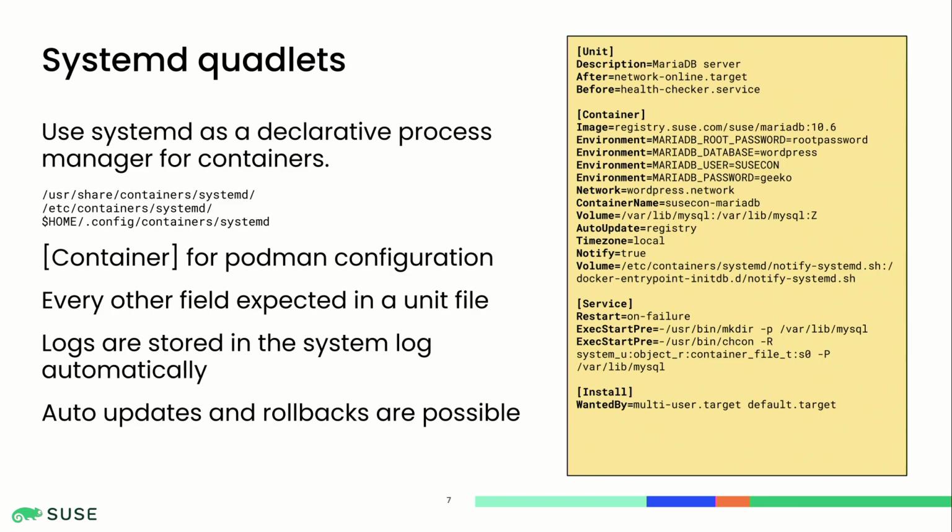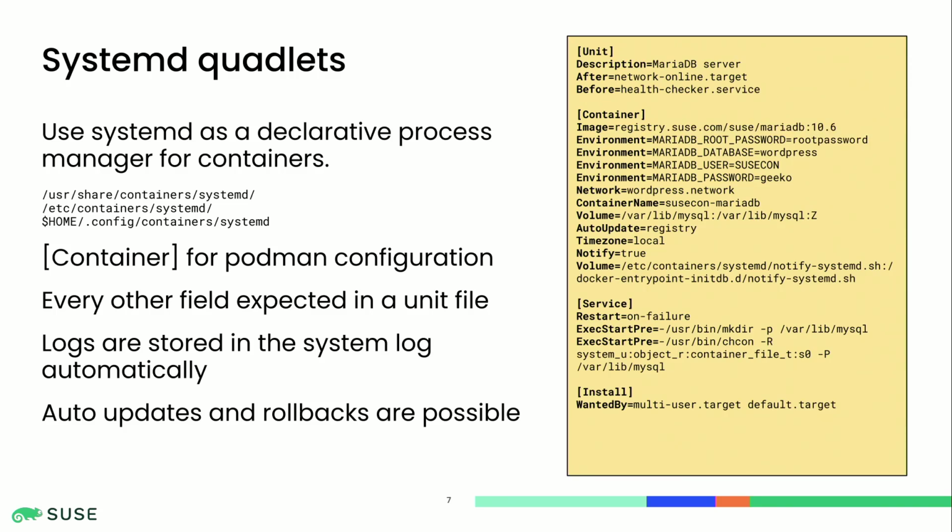The second thing we're going to be using is systemd Quadlets. And what is this? How many people know Quadlets here? Okay, 3 people. 4. Good. So you can come and help with the demo then. But basically this is a way of running containers managed by systemd.